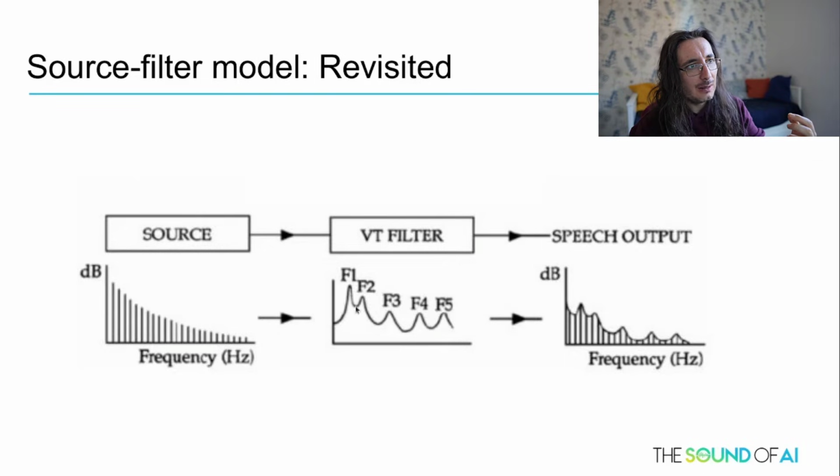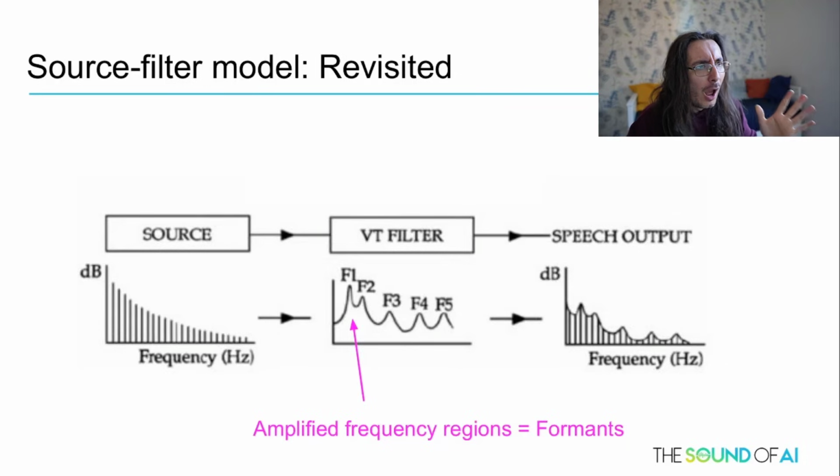As you can see, at this frequency we have a peak that we call F1, a bump in the resonance, and then we have other bumps, F2, F3, F4. When we pass the source through the filter, the filter modulates the source, and the speech output is a function of the source modulated by the filter with all of these resonances. But what are those F1s, F2s, F3s?